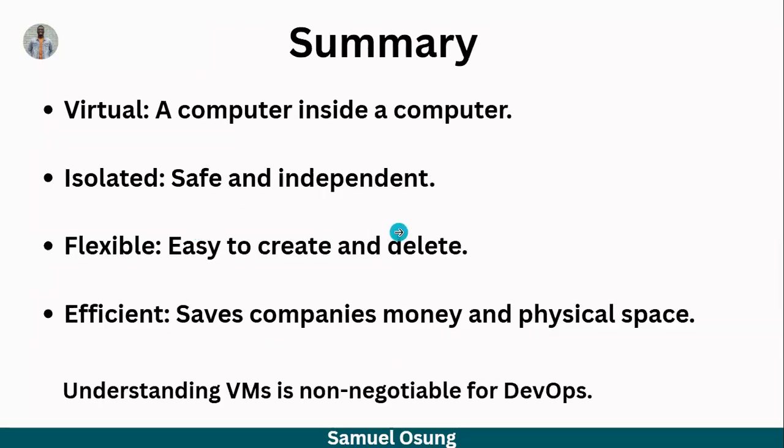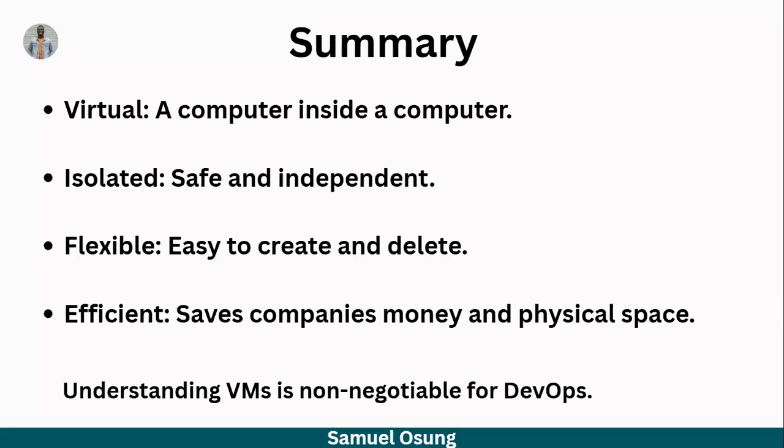So let us summarize everything we have learned in very simple terms. A virtual machine is a computer inside a computer. A virtual machine is isolated, that is, it is safe and independent. It is very easy to create and delete. This is what makes virtual machines flexible. Virtual machines help save companies money and physical space.